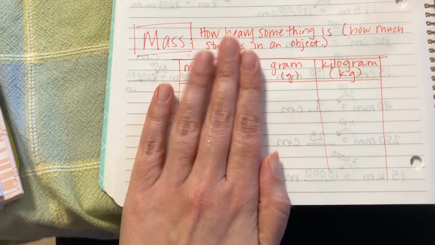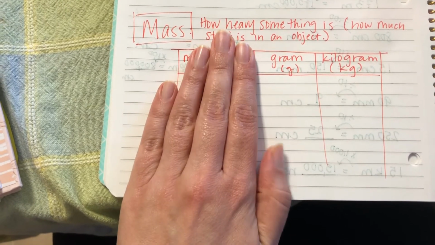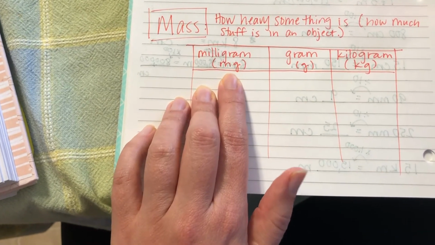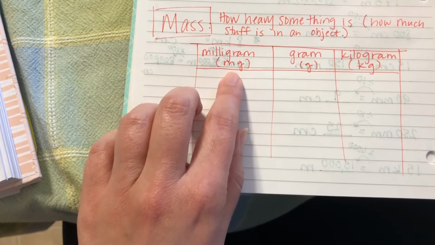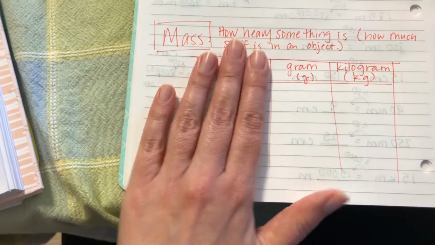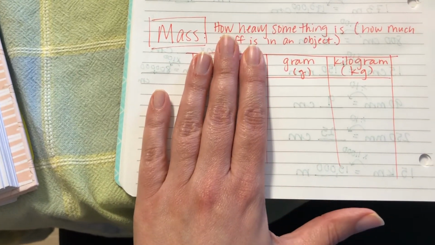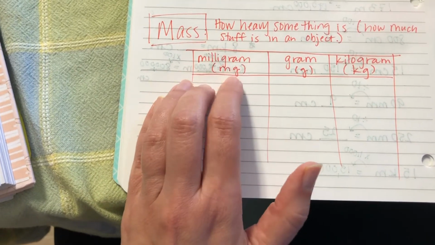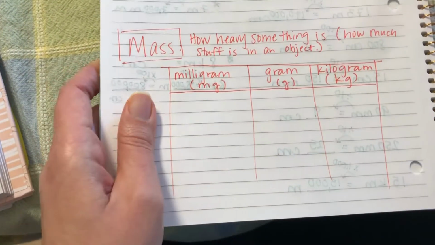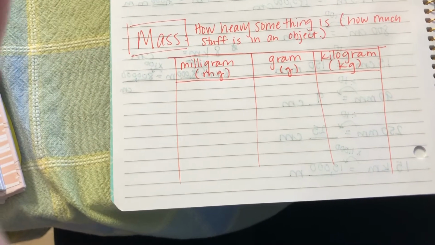So grams and kilograms are going to be the most important thing we're going to talk about here. Milligrams are also important, but we're going to talk about how they're a little bit different. Just like I covered up that other side with volume, we're going to mainly focus on grams and kilograms for this one. But it's good to know this too. So a gram is actually pretty small when you think about it.